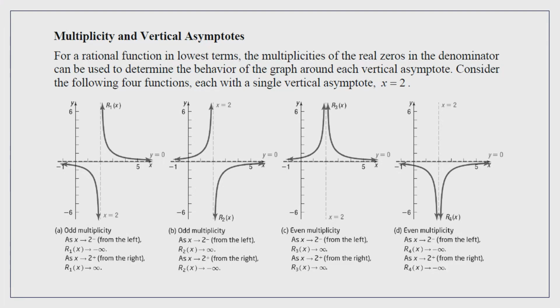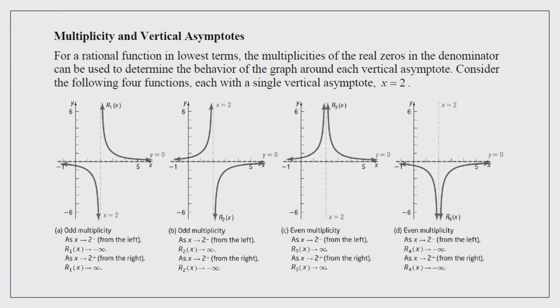Now for even multiplicity, okay, as x is approaching 2 from the left, your r of x, y is approaching infinity. And as it's approaching 2 from the right, your y or r of x is approaching infinity. So whether it's coming from the left or whether it's coming from the right, your y is approaching in the same direction.